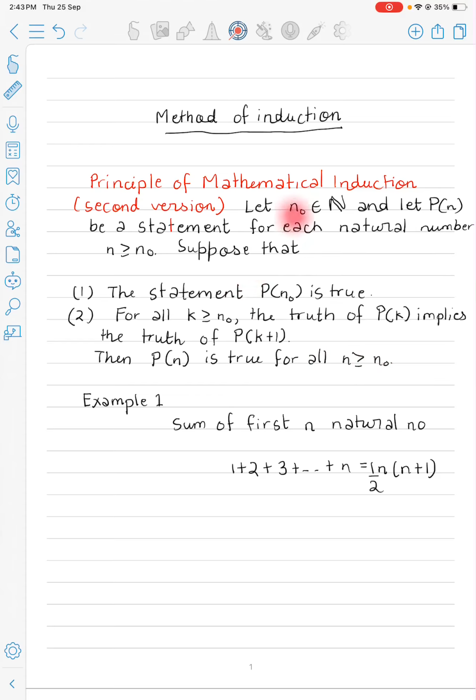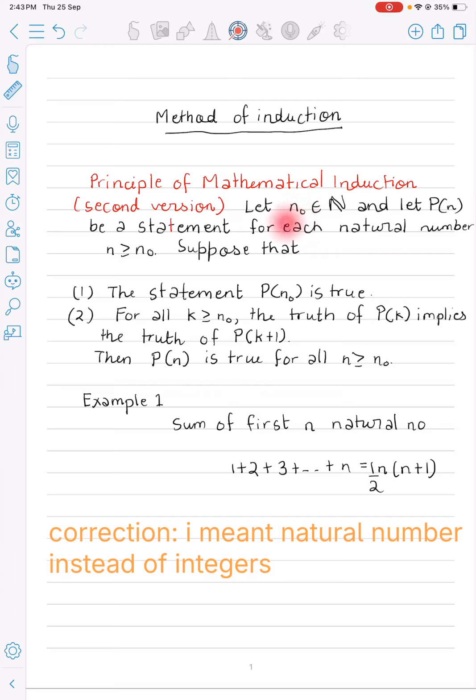Instead, we have taken n0 to be, instead of 1, any other integer as well. Okay, so that is the difference.